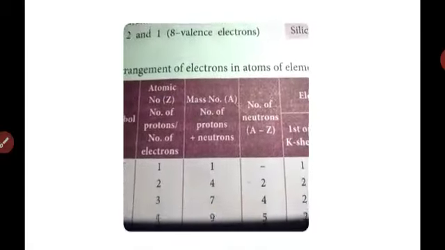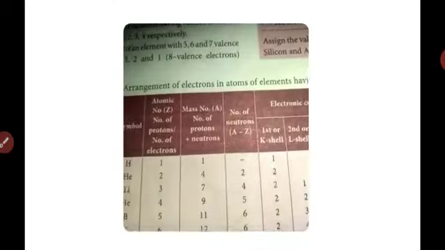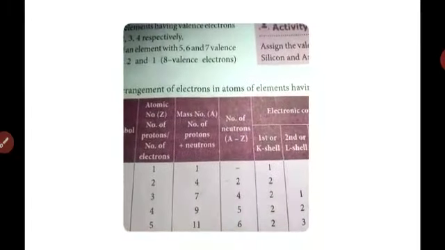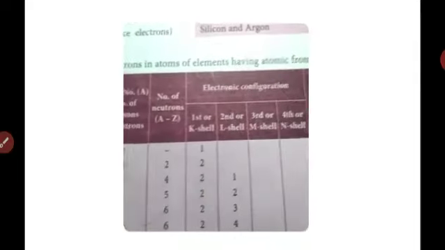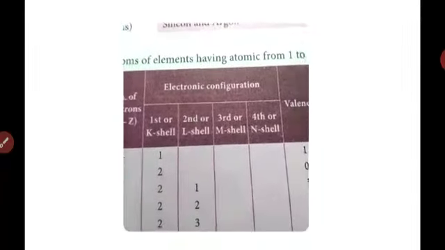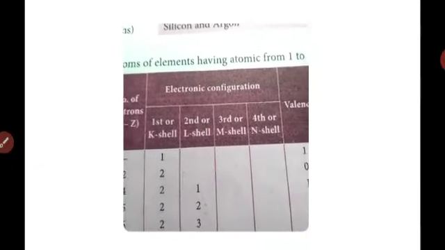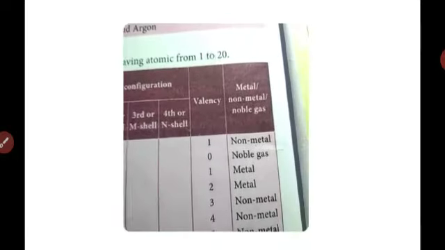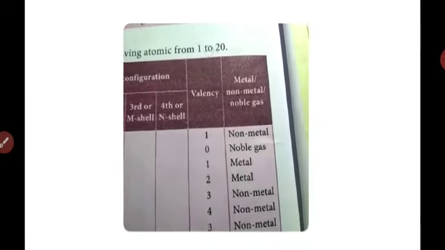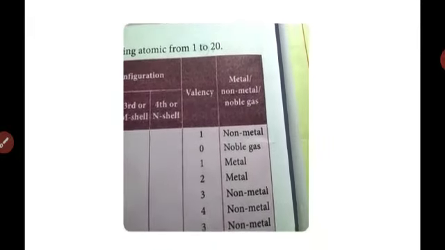Number of protons 1, number of neutrons A minus Z, 1 minus 1 equals 0. So electronic configuration, the first shell is 1. There is no electron in the second, third, fourth shell. Valency is 1. Valency 1 means this is called a non-metal, right?